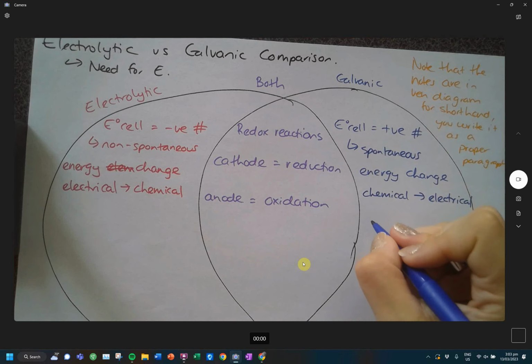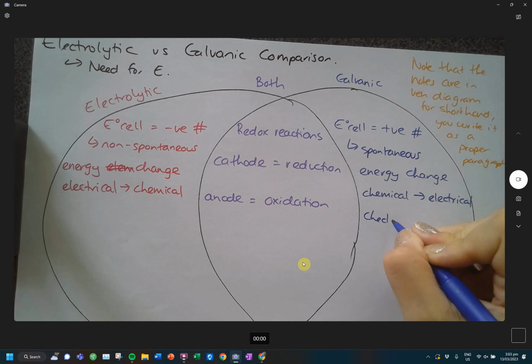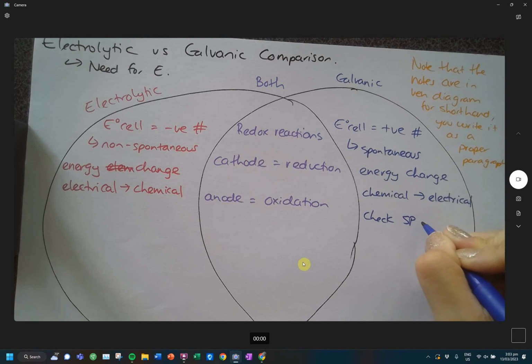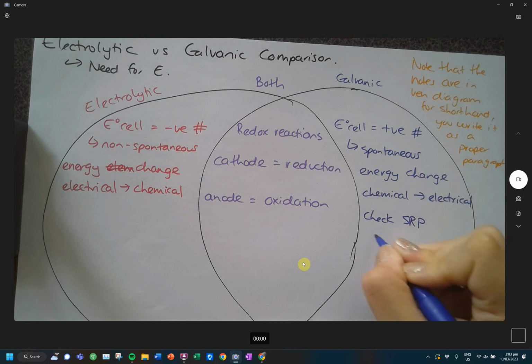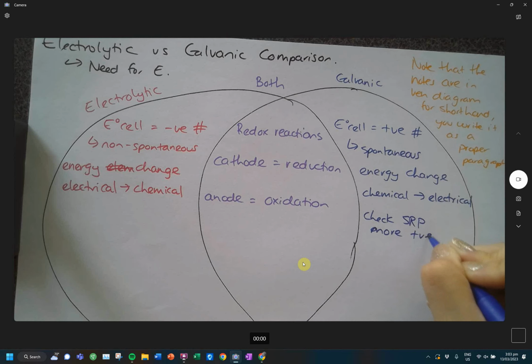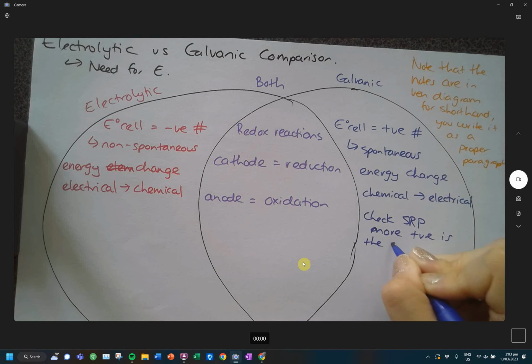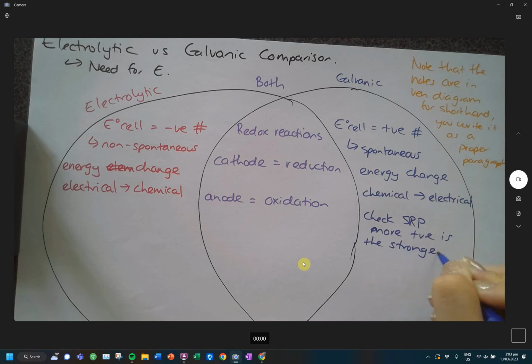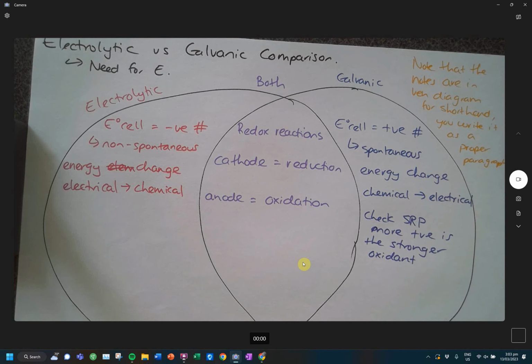So for the galvanic cell, we check standard reduction potential, and the more positive is the stronger oxidant. So in this case, like I said, that's spontaneous because it's just doing that redox process on its own.